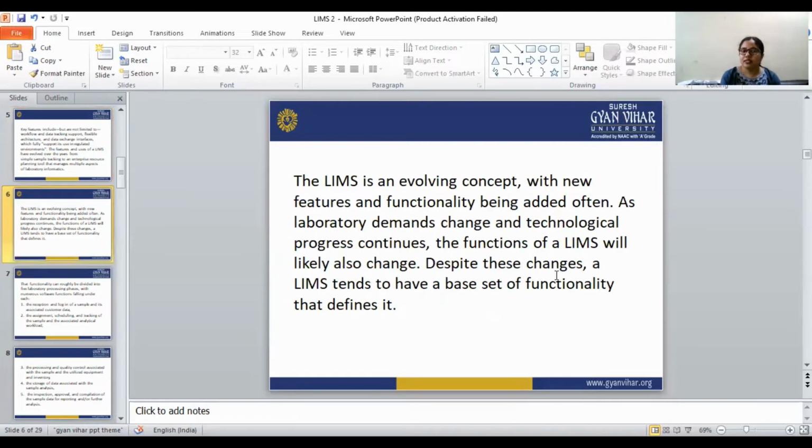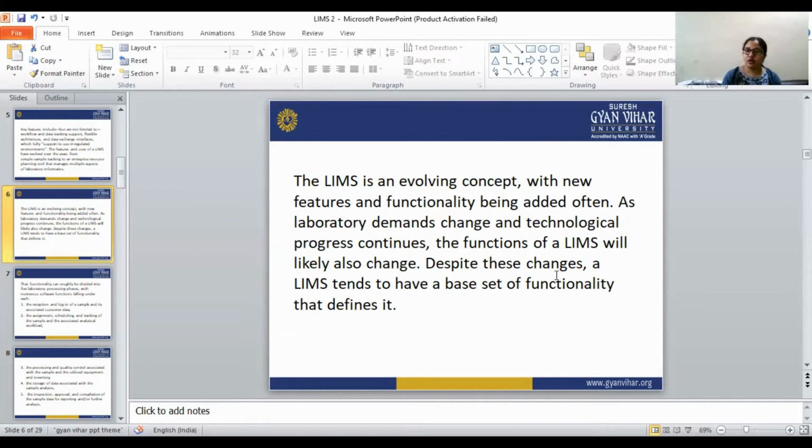The LIMS is an evolving concept, with new features and functionality being added often. This LIMS is growing step by step, gradually developing.